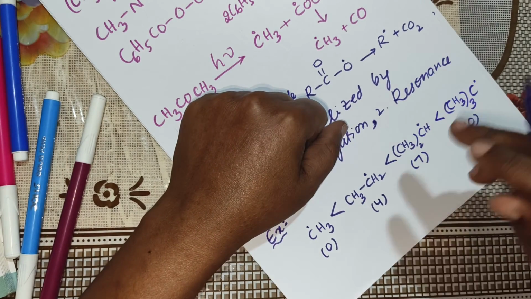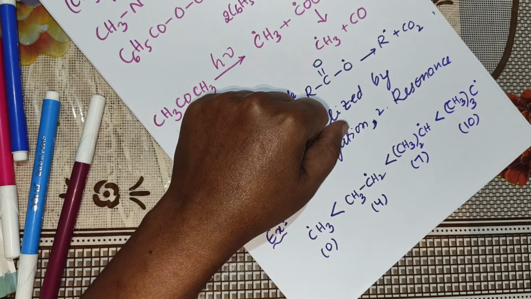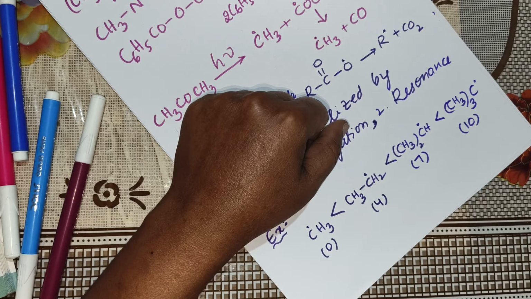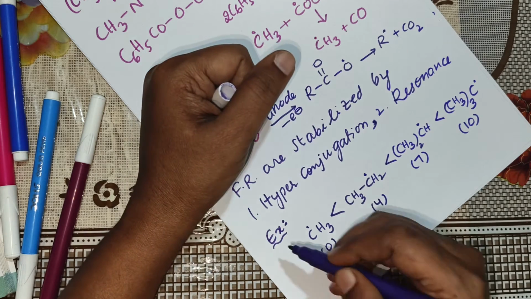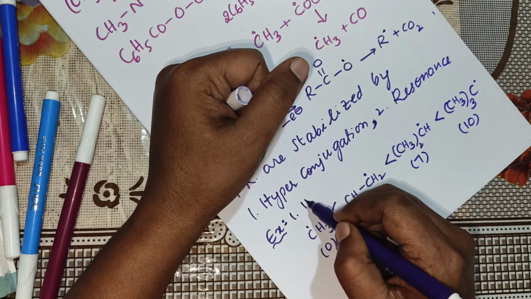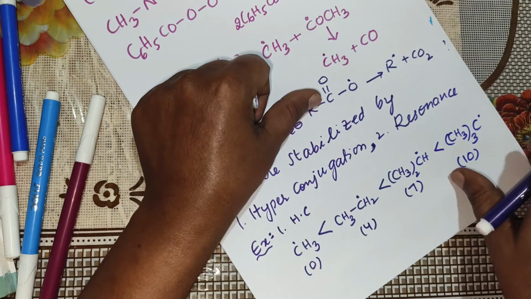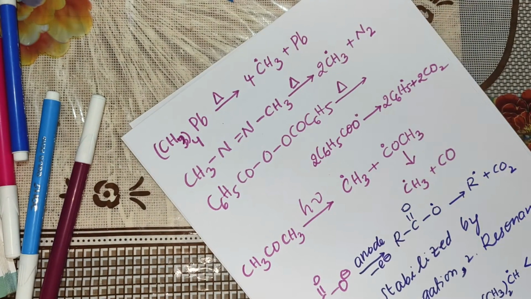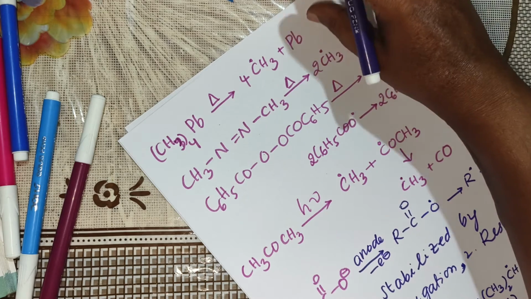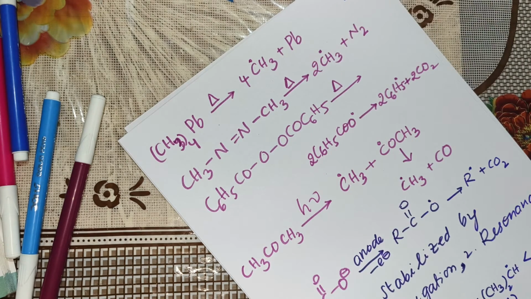Yes, right. When you observe here, for example allyl and benzyl free radicals, we can see here that stabilization is because of resonance. See this example for the first one, hyperconjugation, and the second one for resonance. How can they stabilize? We can see in the next page.